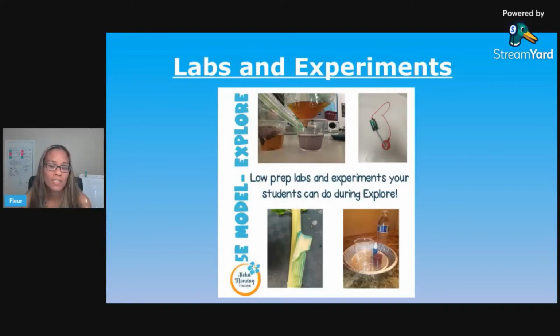We've done electric circuits, just basic circuits where I give them the materials and they have to figure out how to make the light bulb shine. And then I'll challenge them with other things, like here's 2 batteries or here's 2 light bulbs. We did celery to have them learn about vascular tissue.